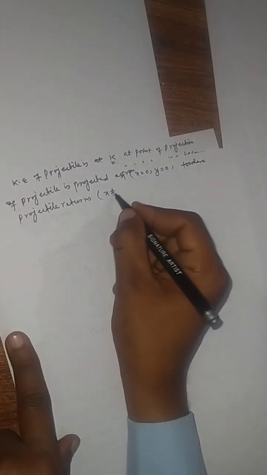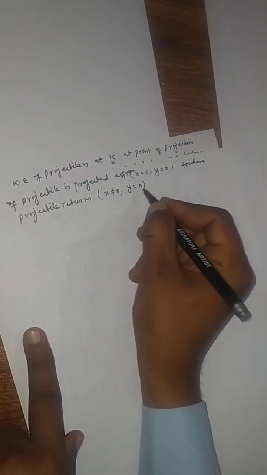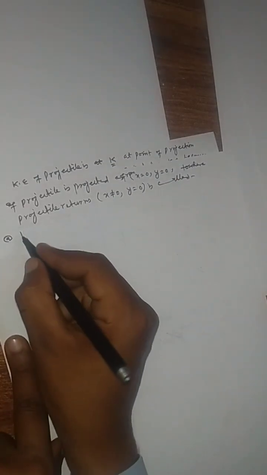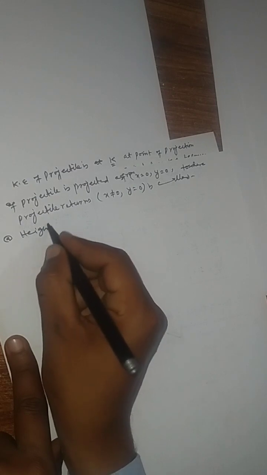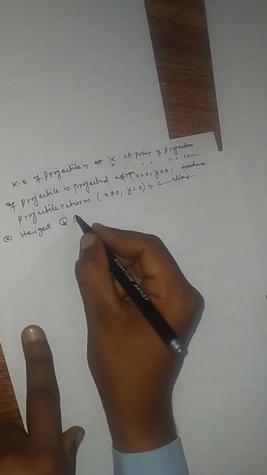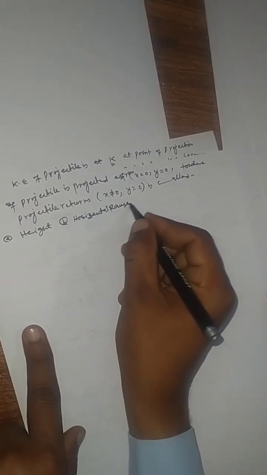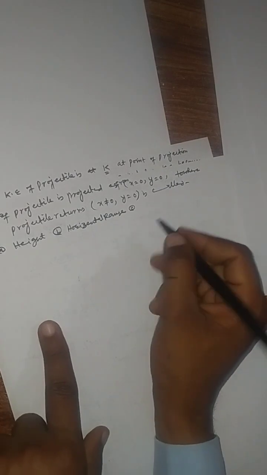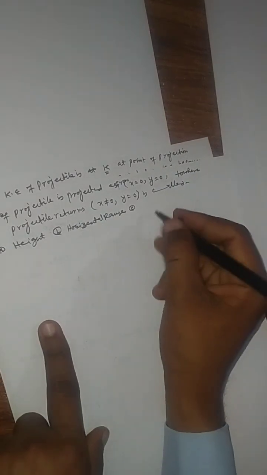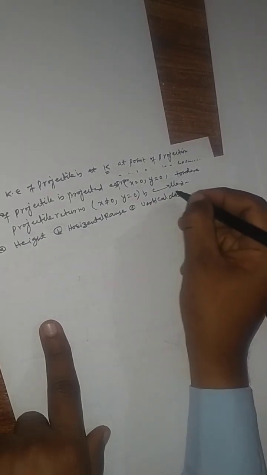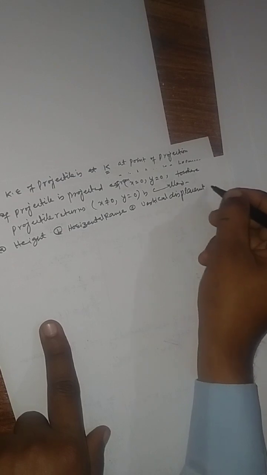Projectile returns that x does not equal to 0 but y is equal to 0 is called, इसे हम क्या कहेंगे? Let's say height, or we may say horizontal range, or simply range, or say vertical displacement. D, none of these. Then correct answer will be horizontal range.